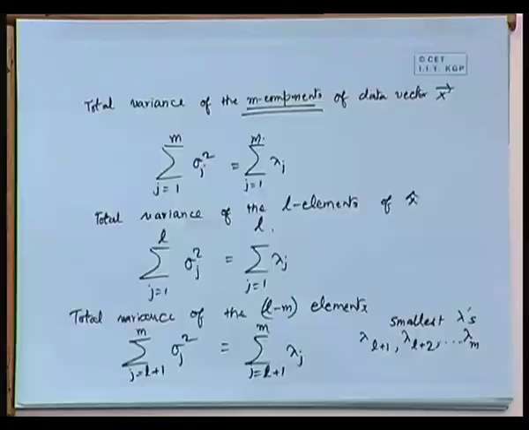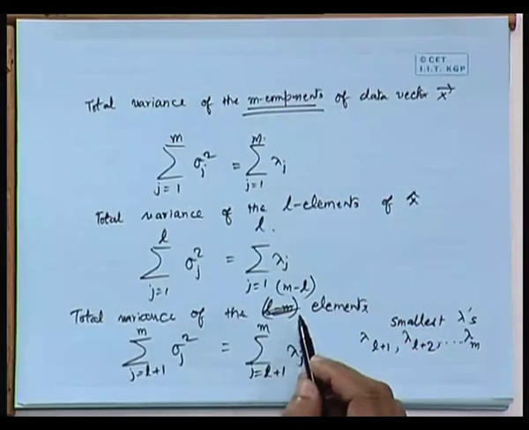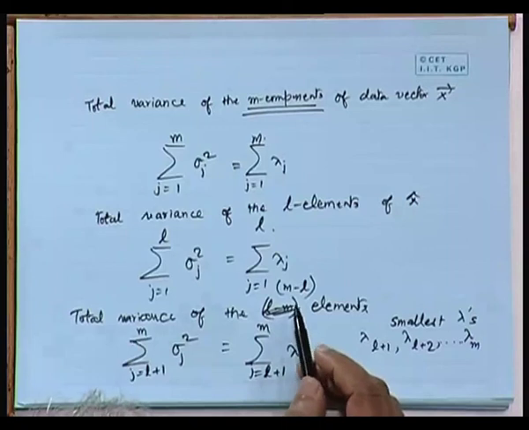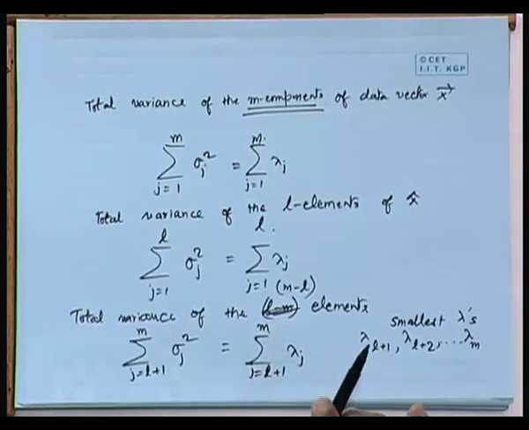So, by chopping off the m minus L elements, you are very correct, because m is larger than L. So, we have to chop off the m minus L elements. So, that's very correct.